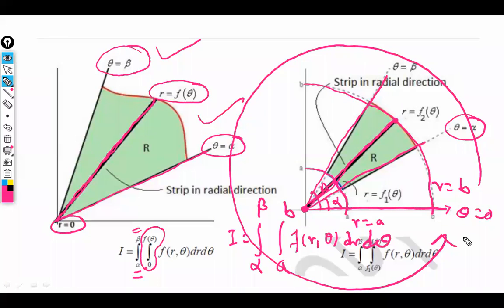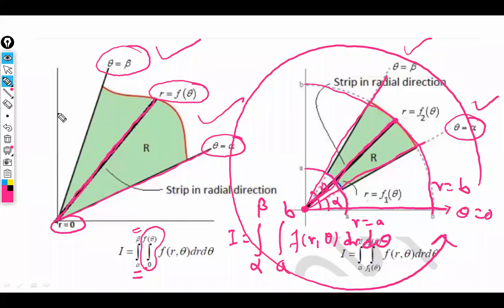Out of that, we have to check for which angle of theta the region starts and for which angle the region ends. In this case, the region starts at theta equal to alpha and ends at theta equal to beta. So the limits of theta are alpha to beta, and those are the outer limits. I hope that is clear. If not, the examples will give you a clear idea about how to get the limits.